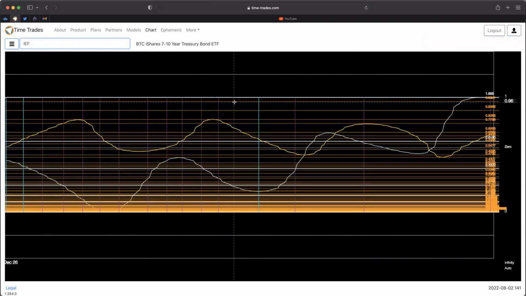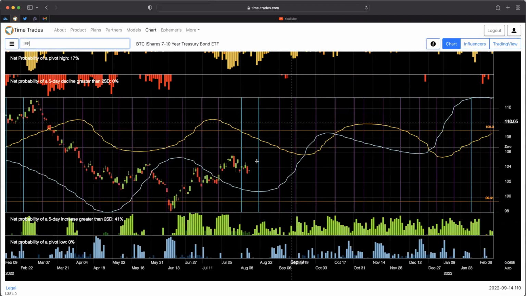Let's take a look at IEF. IEF is showing a pivot high over here, August 18th, 19th, and that's aligned with our teal line date. And then we've got a cluster of pivot lows around early September.